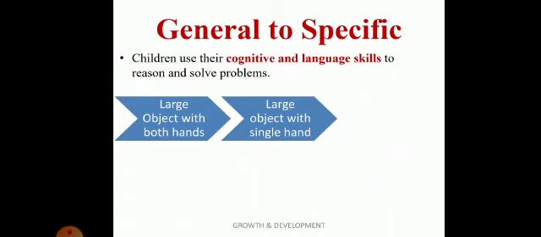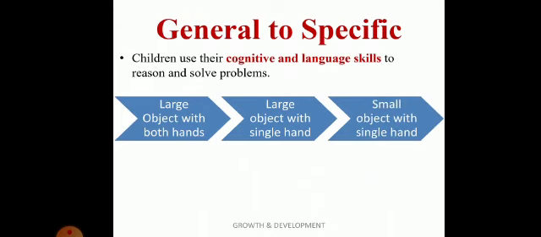Again from this, the child will be able to hold small objects also. The child will learn holding bigger objects easily initially. For example, if there is a plastic ball, it will be very easy for the child to lift. But if there is a key, that needs some precise grip. So for that the child will need time.